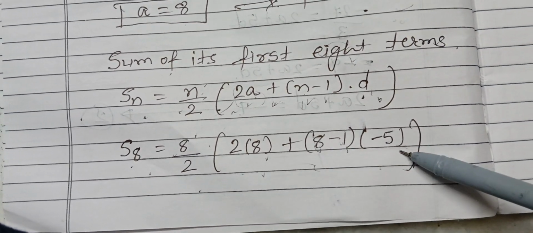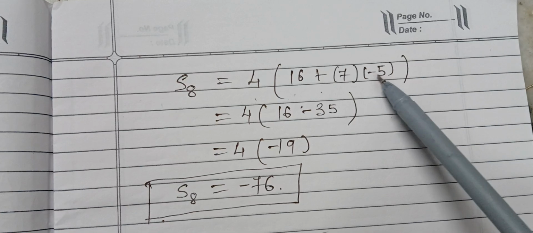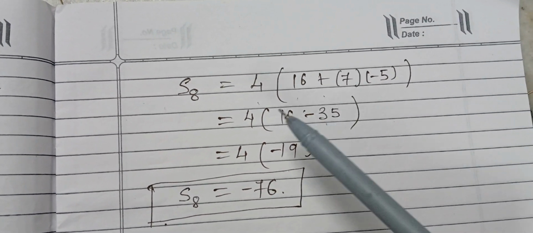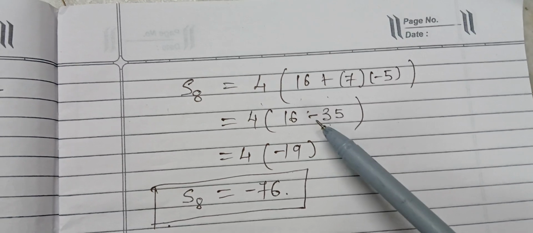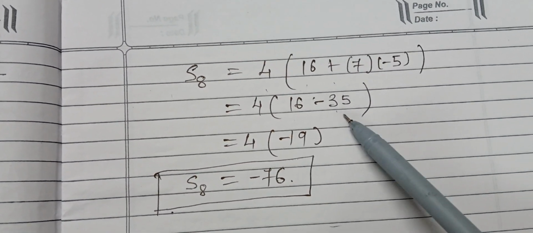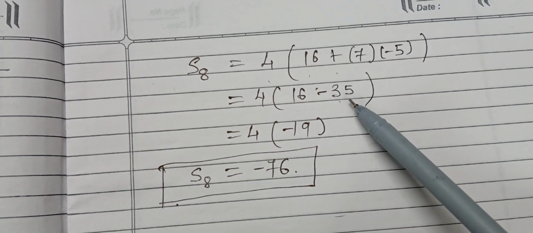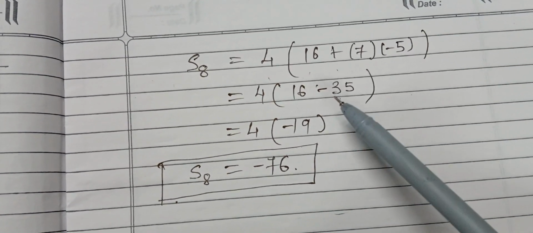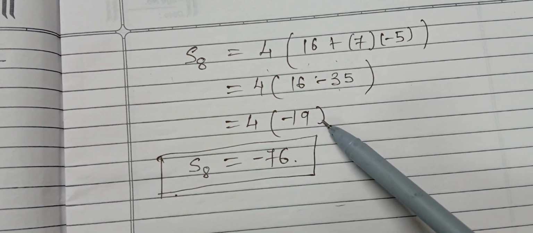7 5s are 35. So for 16, minus will remain as it is. Subtracting 35 and 16, that is minus 19. The sign of the bigger number will remain as it is, minus 19.